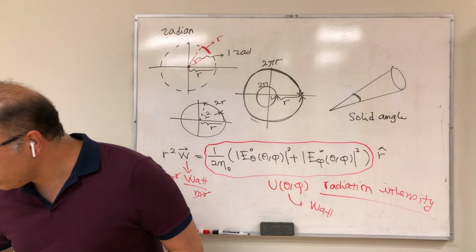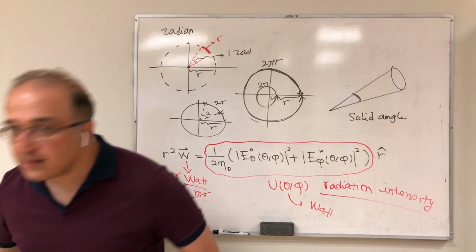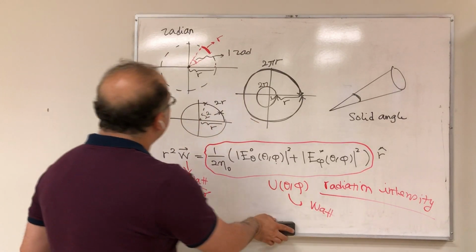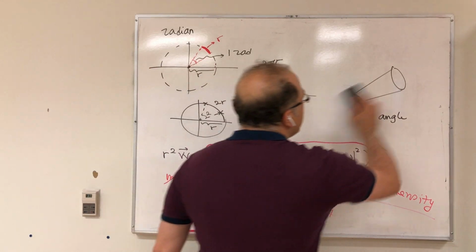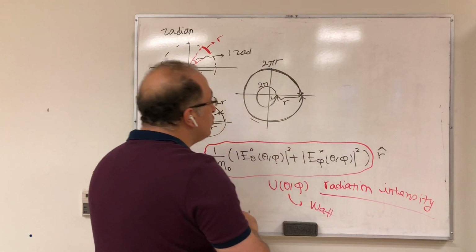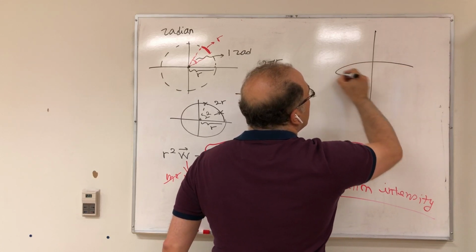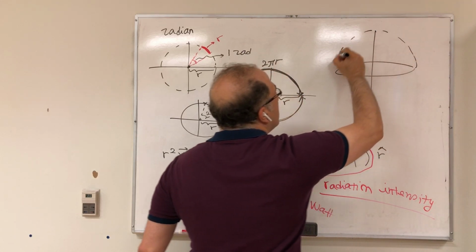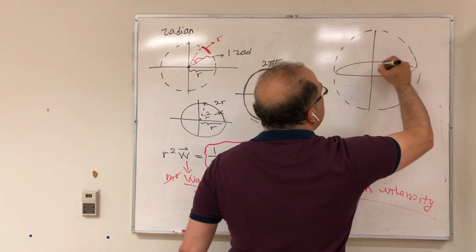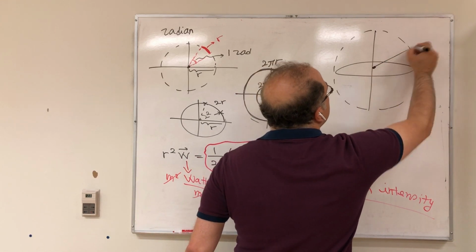Now if I want to extend the definition of angle, I'm going to go to 3D, and this time I'm going to go to a sphere. Now I have a sphere, and I'm going to be at the center of the sphere.